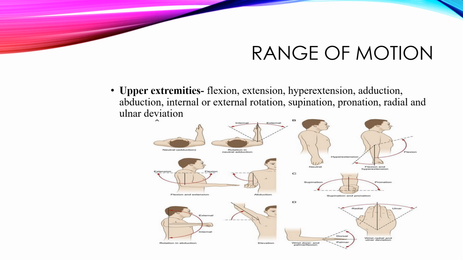Flexion, extension, hyperextension of the shoulder and elbow and wrist. Adduction and abduction is with the shoulder. Internal and external rotation, again, is with the shoulder. The supination and pronation, that is the wrist, and radial and ulnar deviation, as you can imagine, is the wrist, right? You have your radial side of your wrist and the ulnar side.